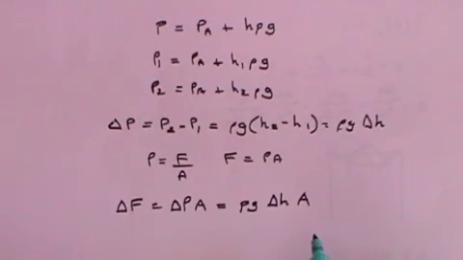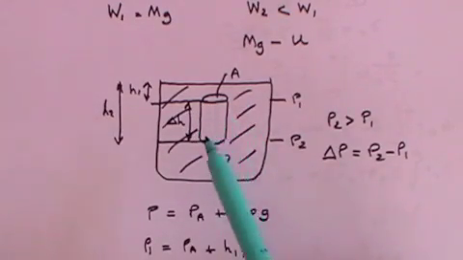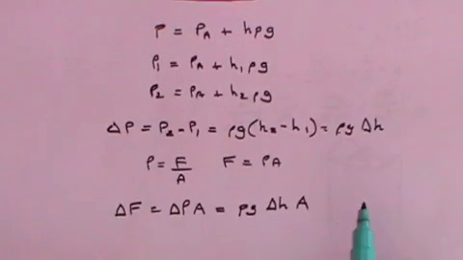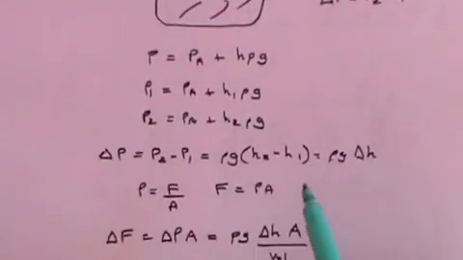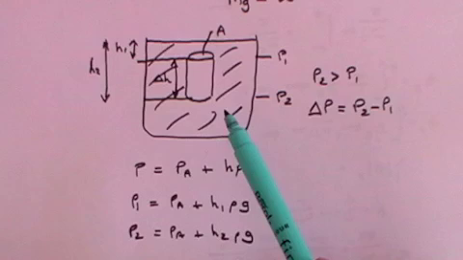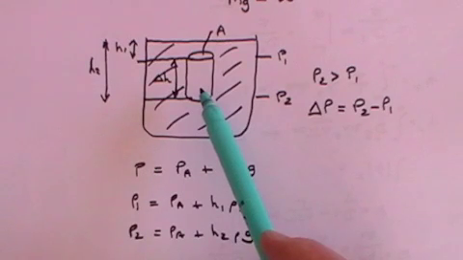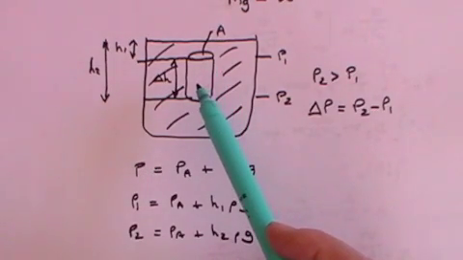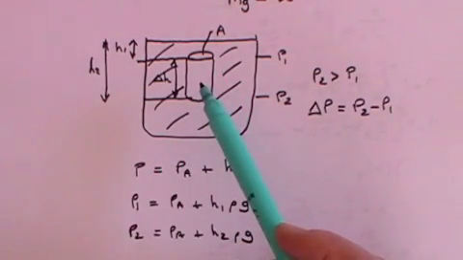But we can simplify this a little bit more, because we can say that A times delta h is the volume of this cylinder. And the volume times rho, remember this is the density of the water, gives you the equivalent mass of water that has been displaced by this cylinder. When you put this cylinder in the fluid, the equivalent volume of fluid has to be displaced to make room for it.